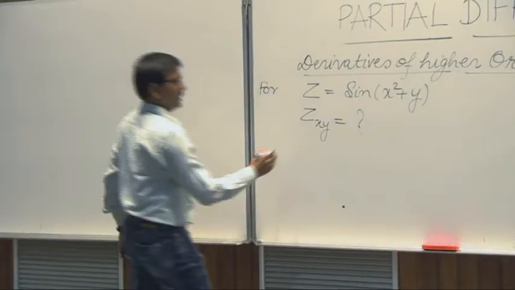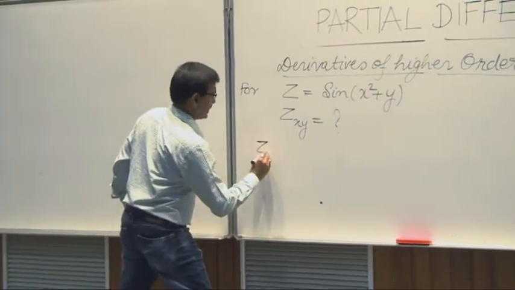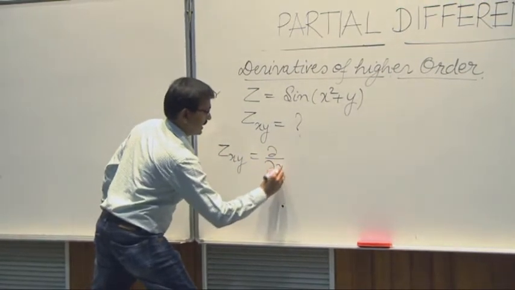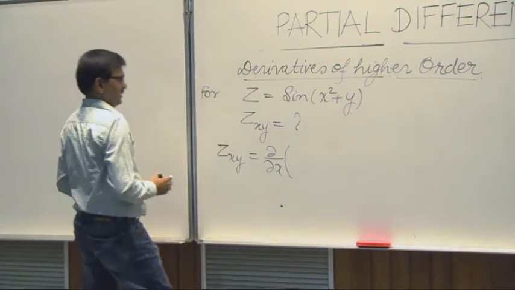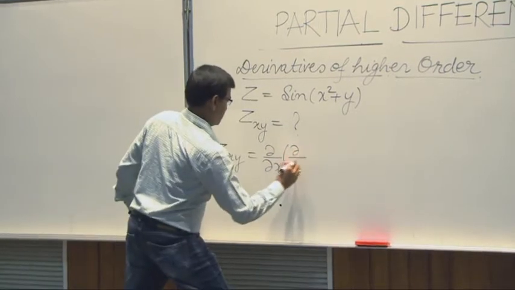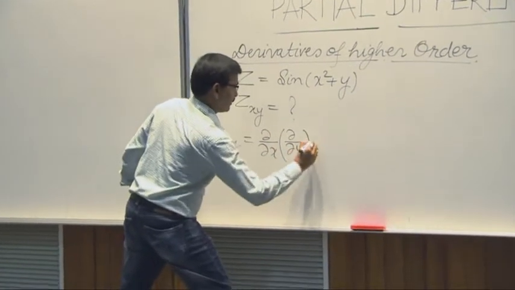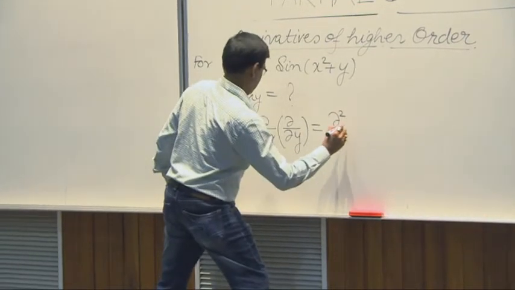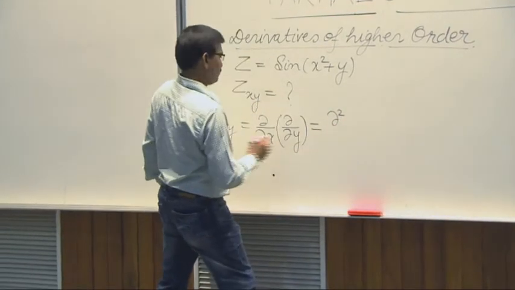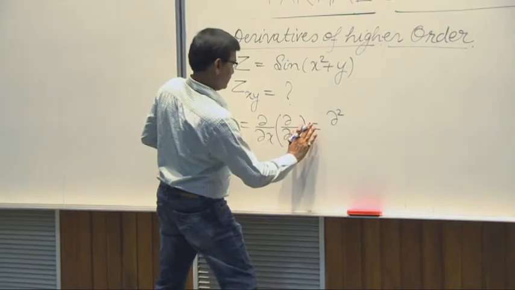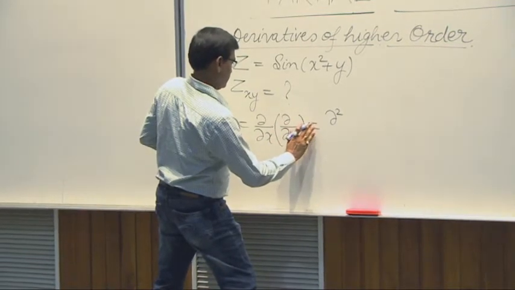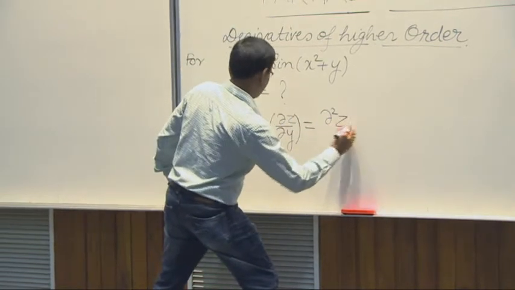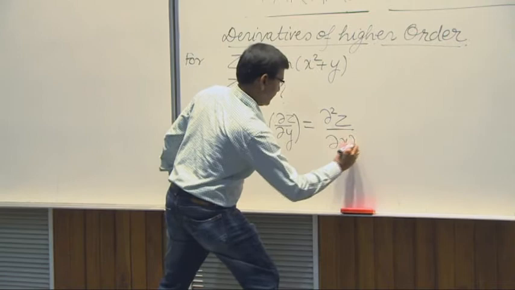So this is actually what zxy is: del square z upon del x del y.